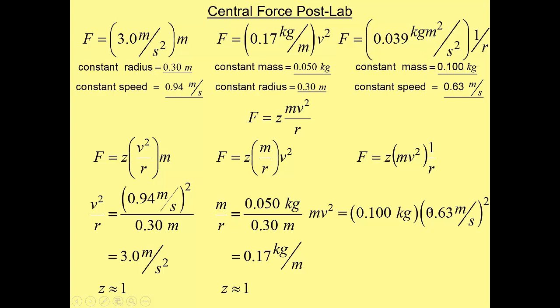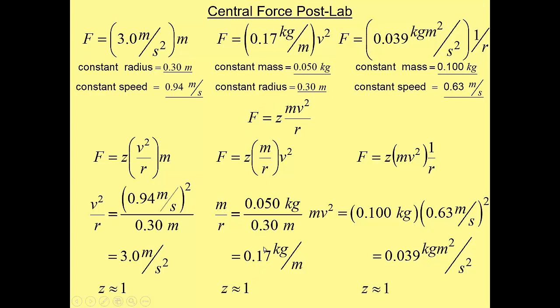And if we multiply the numbers out and square the speed, we in fact, as you might expect at this point, get 0.039 kilogram meters per second squared, which is, of course, the slope, which means if you're going to multiply by a z, it just needs to be 1. So we appear to have pretty good confirmation that the general math model is true if our constant of proportionality is 1 with no units.